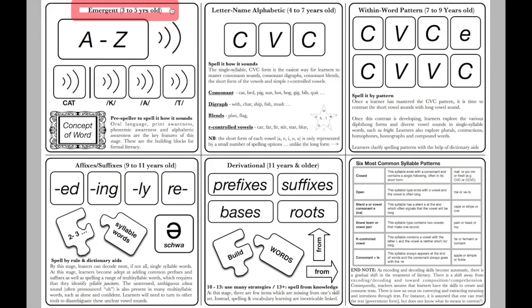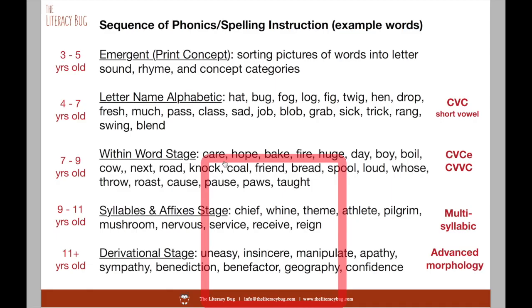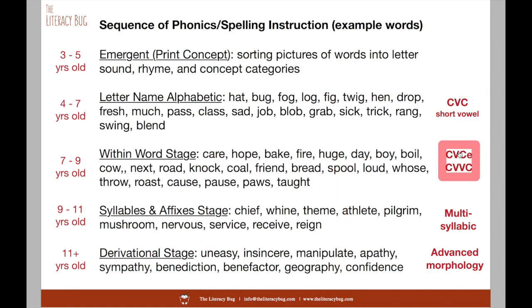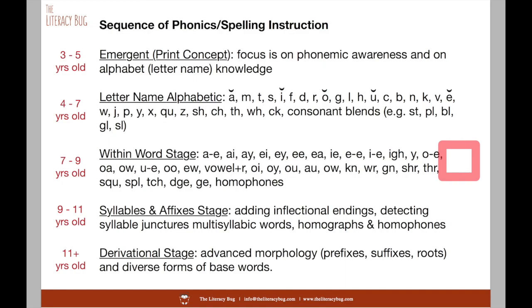And so this is just another way of representing that developmental pattern of the types of orthographic patterns that a child masters over time, starting with CVC words, to the silent E pattern, to the double multi-letter vowel patterns, etc. Phonics Sequence.